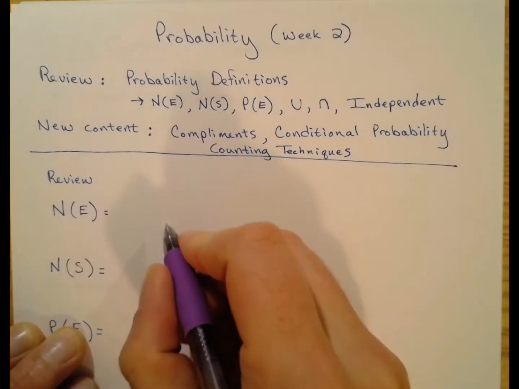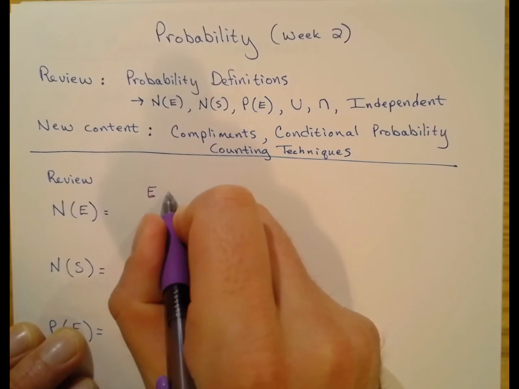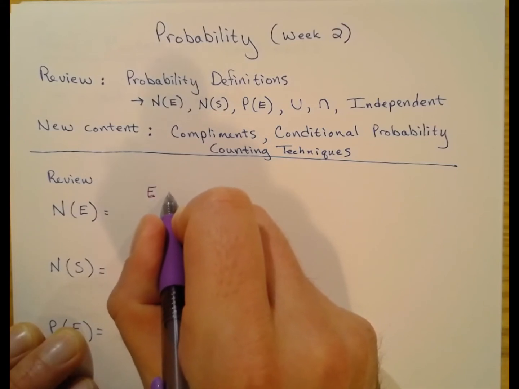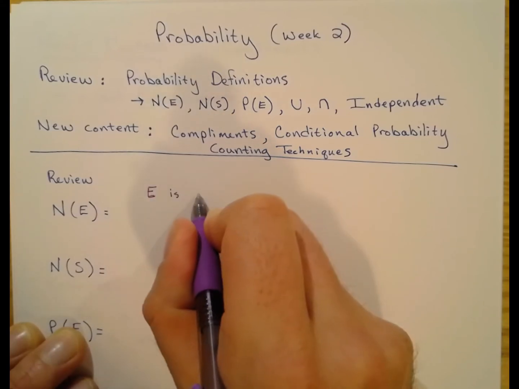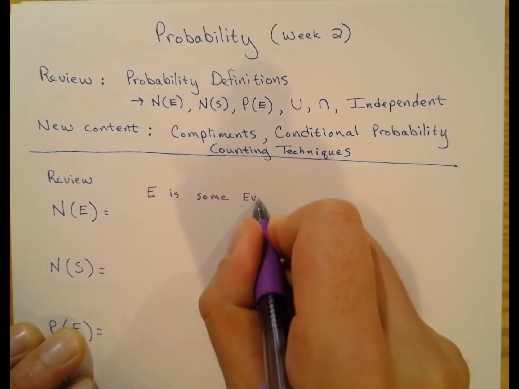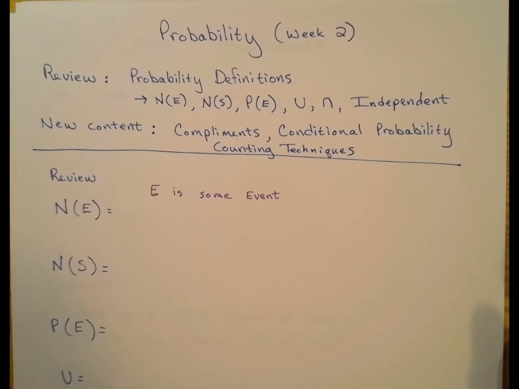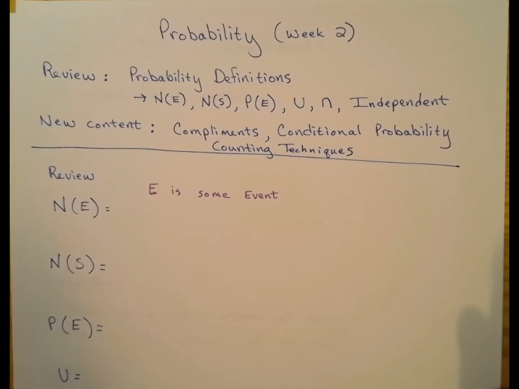First, N of E. So E is going to be some event. So the event can be a possible outcome. If your experiment is rolling 2 dice, maybe an event is you get double threes.